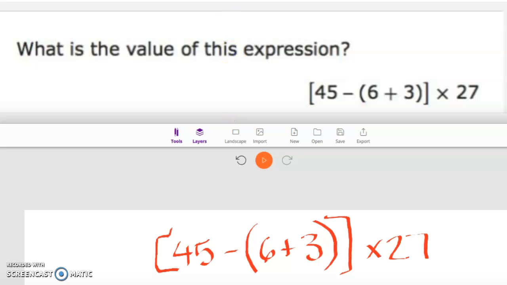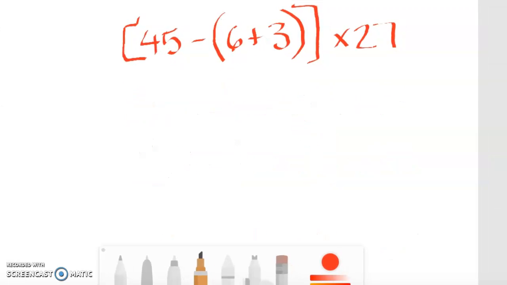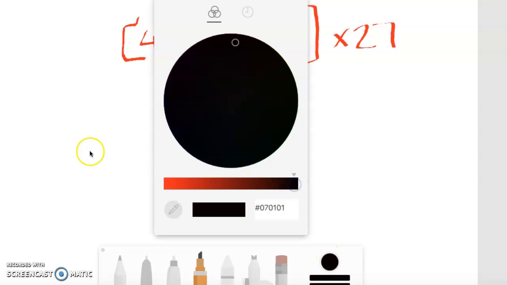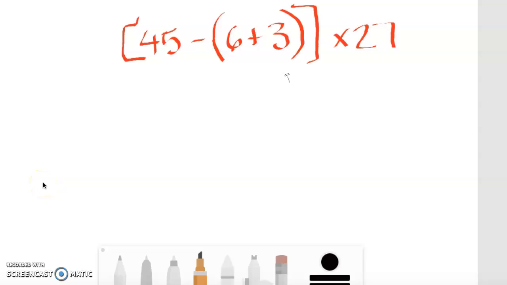Now that I've written that, I'm going to solve it without even looking at the answer choices, because if I could solve this correctly and my answer choice shows up, then I know I have to be right. 6 plus 3, that's what I first do.